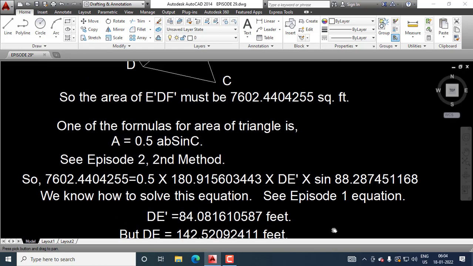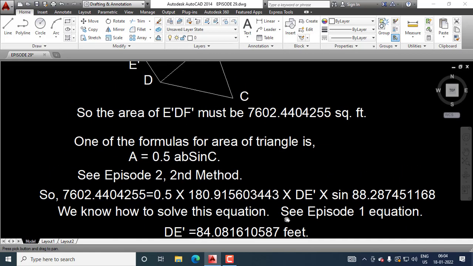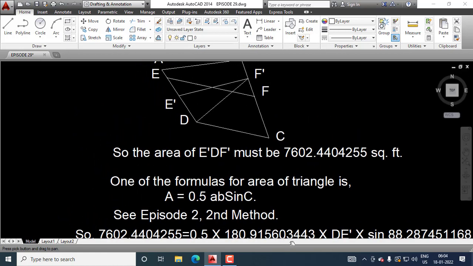So after calculation, we get DE dash as 84.081610,587 feet. DE dash is 84.081610,587 feet.